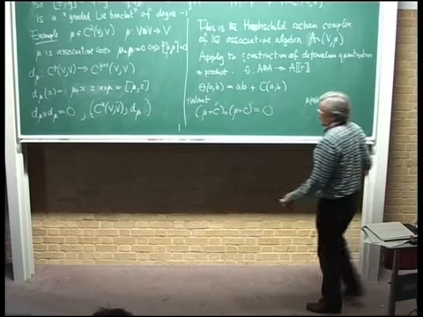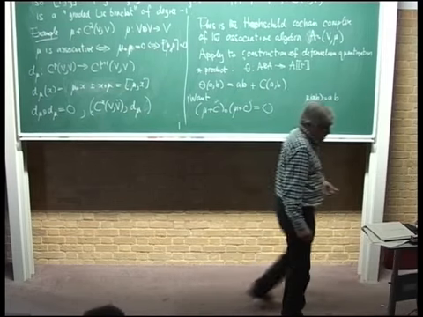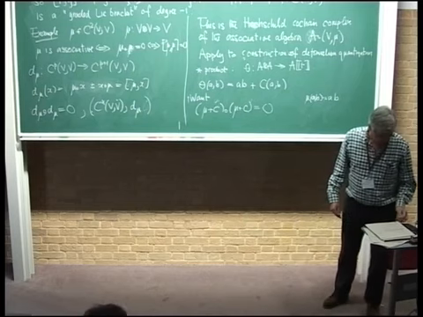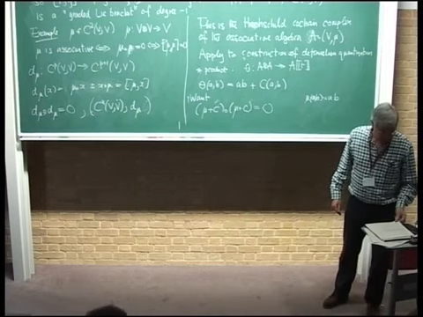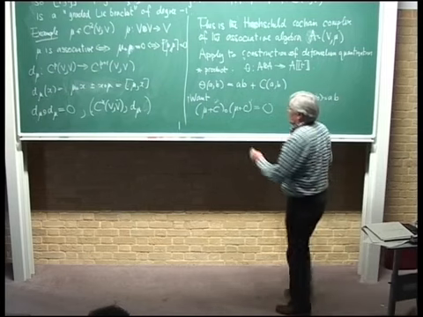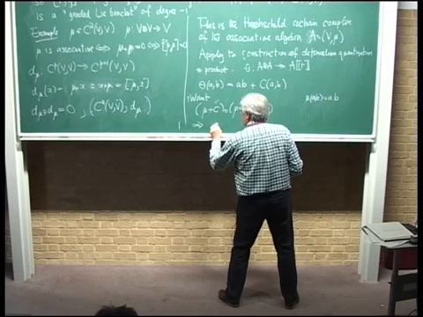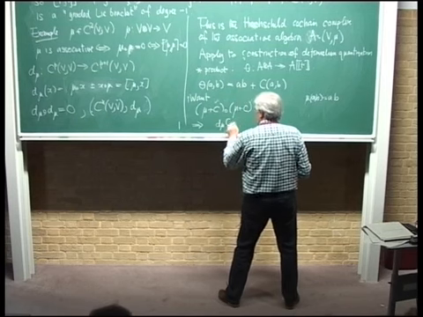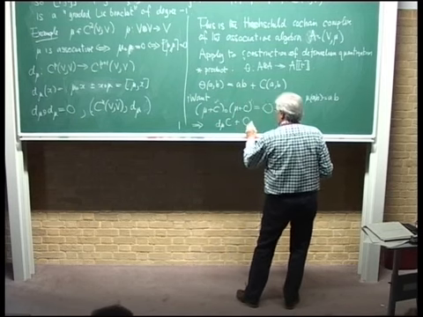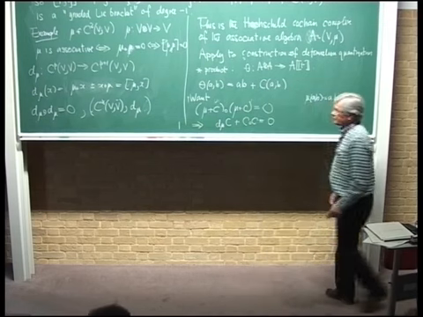Now write that formula out using the fact that mu composed mu is 0, and you get the so-called Maurer-Cartan equation: d mu of c plus c circle c equals 0.